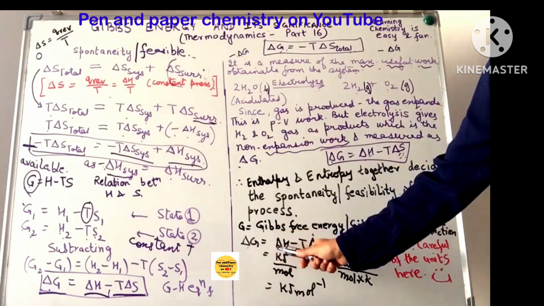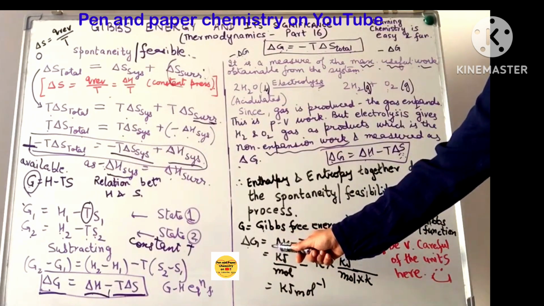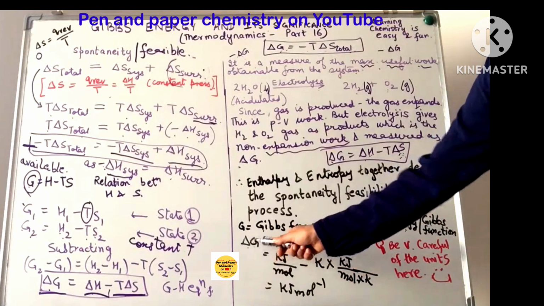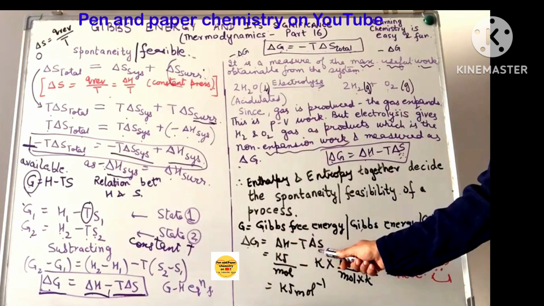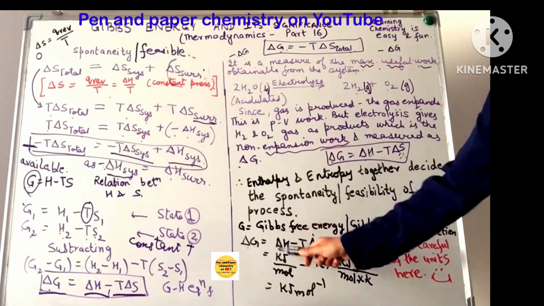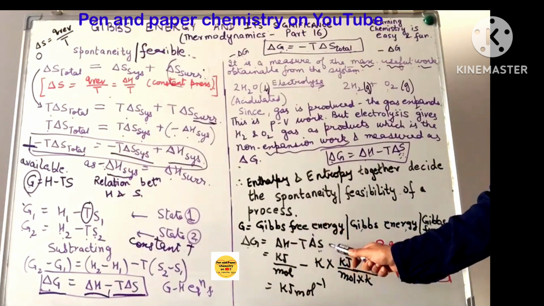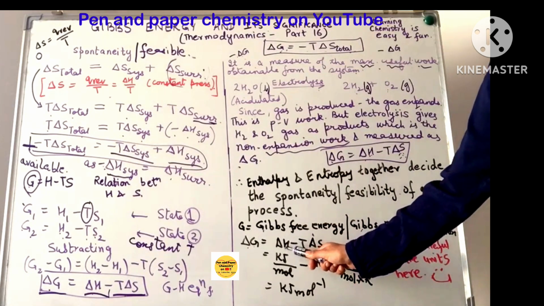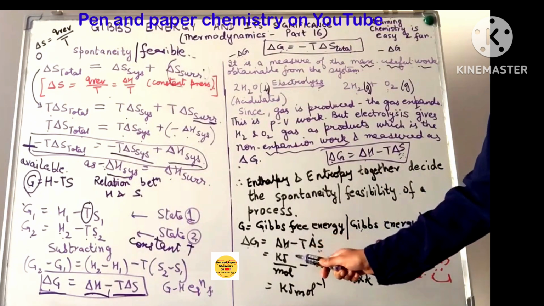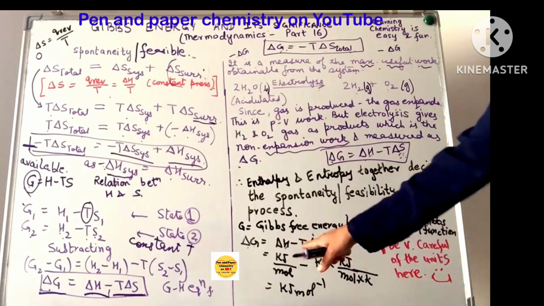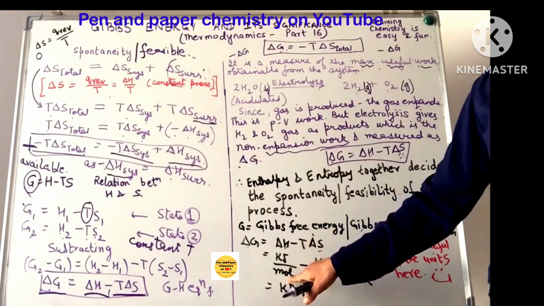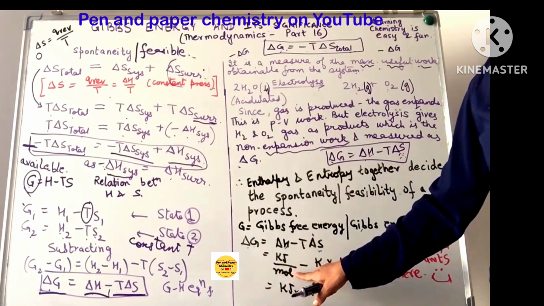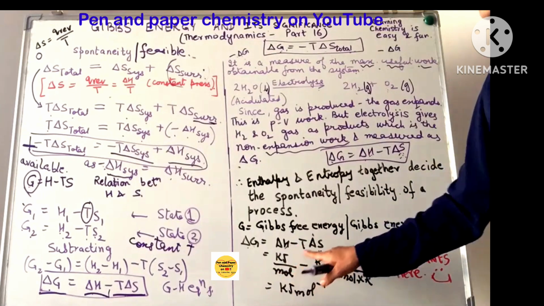Here, delta G, since it's a physical quantity, a thermodynamic quantity, let us see its units. Delta G is delta H minus T delta S. How do you calculate delta H and delta S? Please see the previous videos for that. Now, the unit of delta H, the proper SI unit should be joule per mole. But in most of your numericals, you will come across the unit of delta H as kilojoule per mole.